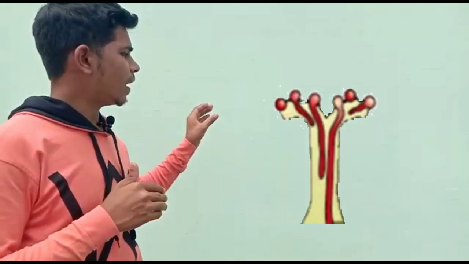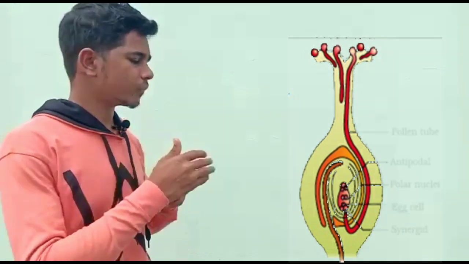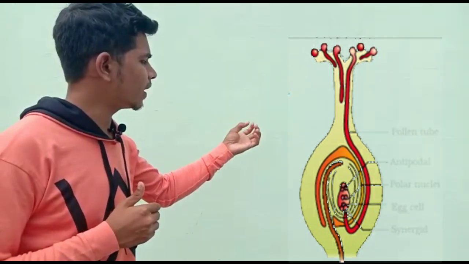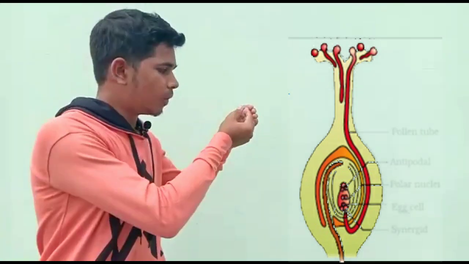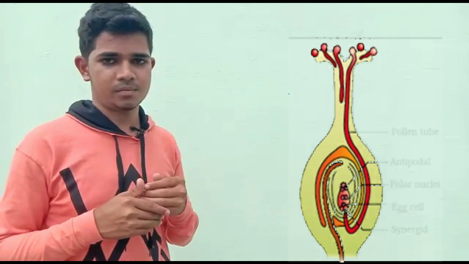On the stigma there can be compatible pollen grains and incompatible pollen grains. The stigma has the ability to accept only the compatible pollen grains and reject the incompatible ones. When the stigma accepts the pollen grain, pollen germination starts by a chemical process.